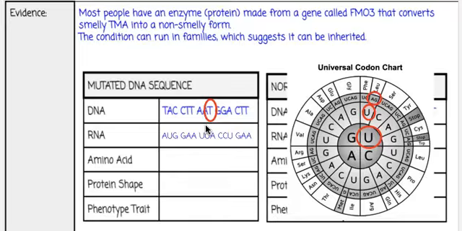Same thing: we must now use our amino acid chart to find each of the codons to find the difference. We can see that the amino acid that's different is Leu. This causes a different protein shape, so it's abnormal, and the different shape changes the trait to smelly skin.